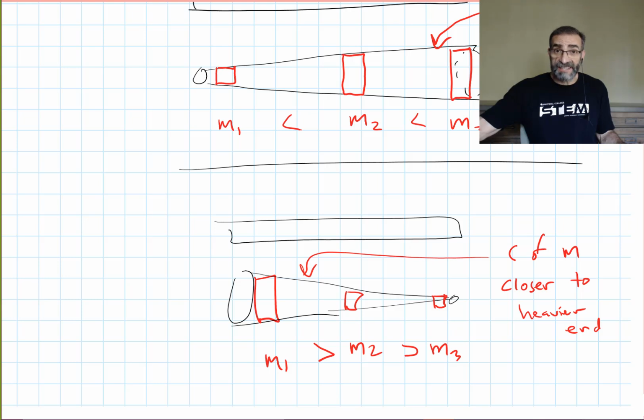Yeah, or we're changing the material or something like that, right? As we move out along the length of the rod, we're changing the material or somehow making it more dense. Exactly. Uneven distribution of mass, that's a good way of saying it.